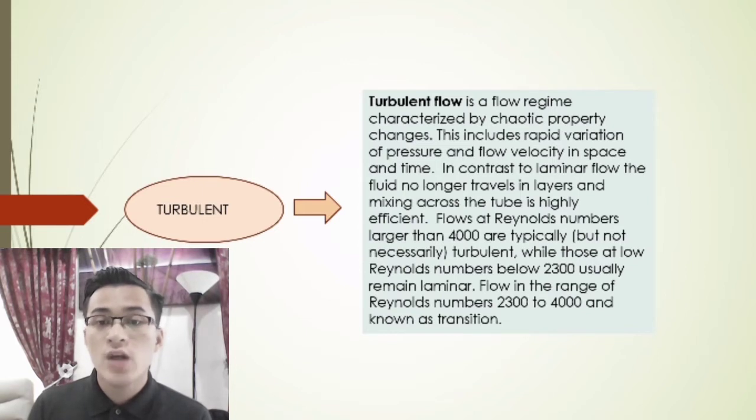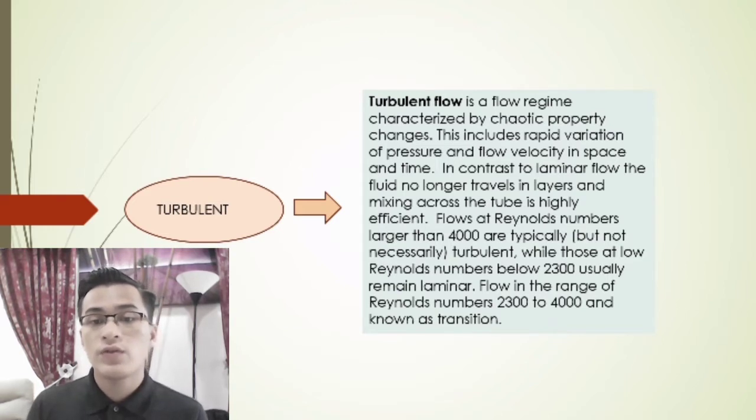Flows at Reynolds numbers larger than 4,000 are typically, but not necessarily, turbulent, while those at low Reynolds numbers below 2,300 easily remain laminar.